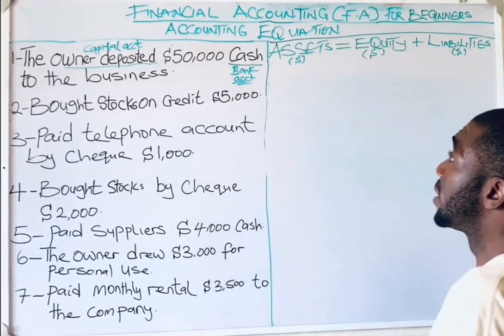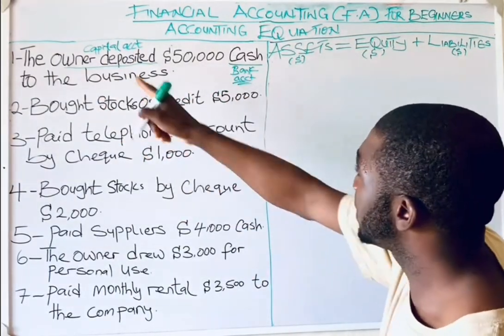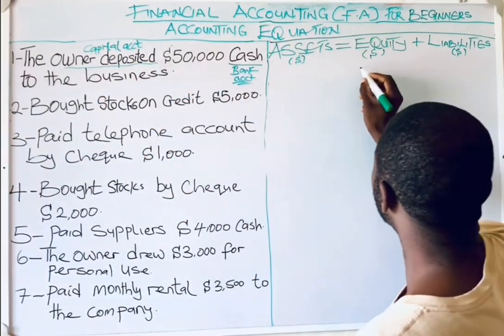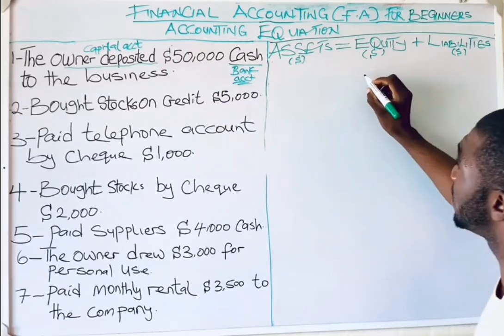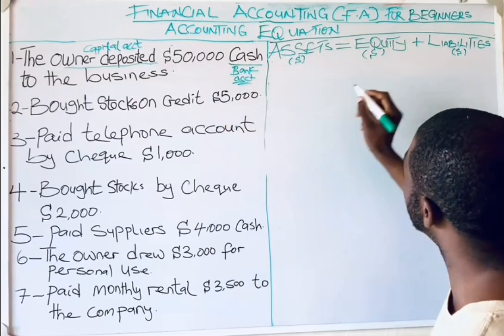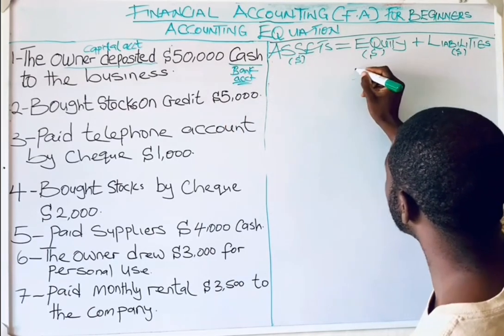Depositing, investing is capital. We have identified our capital account. So you come to the equity side. Since capital falls under equity, you say your transaction is 50,000.